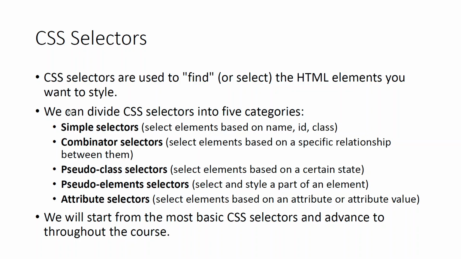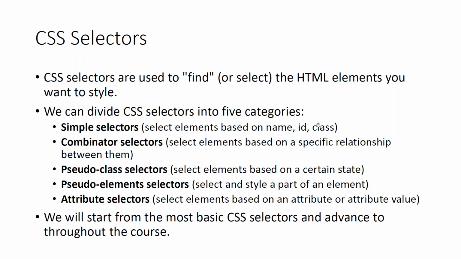So the first way to do this, the first selectors that we use, is the simple selectors. And under the simple selectors, we can use the HTML elements themselves, which are the HTML tags. And these elements, we can select them based on their names, that is the name of the tags, or based on the ID attributes. Each and every HTML element can have an ID attribute, but maybe we just don't go ahead and add it.